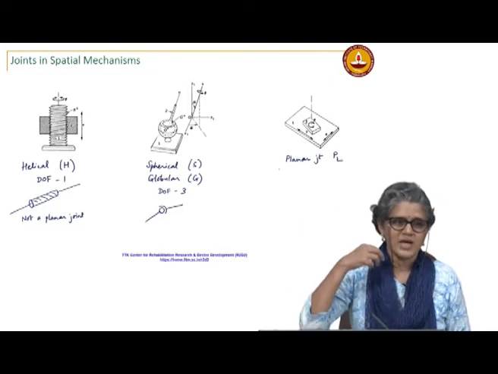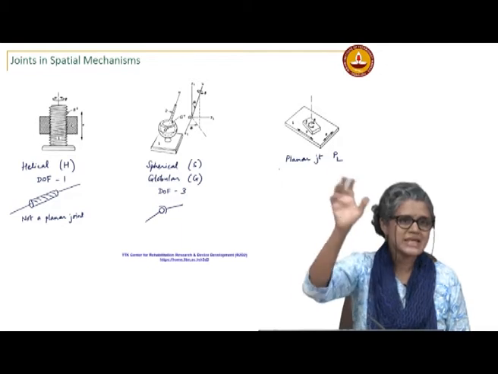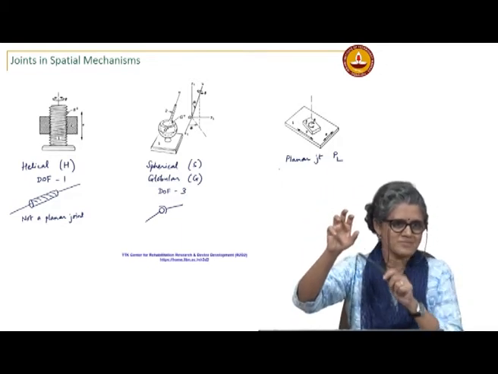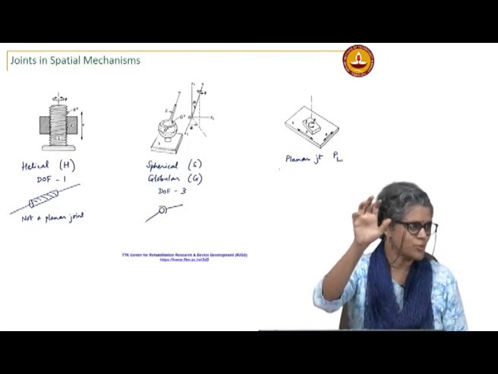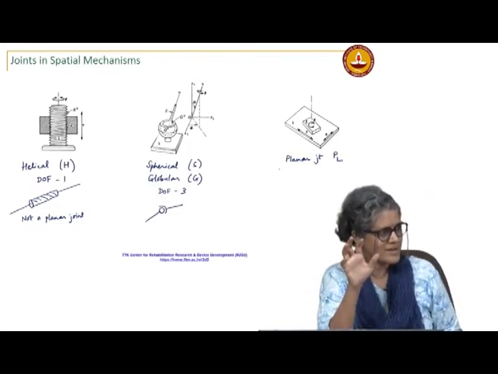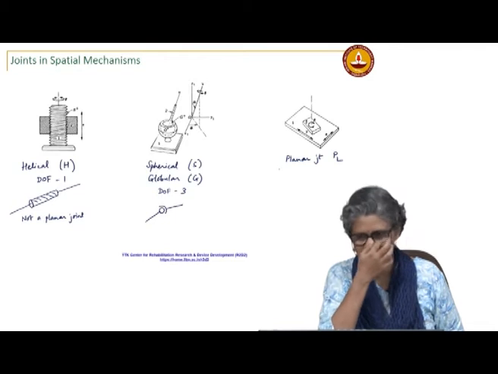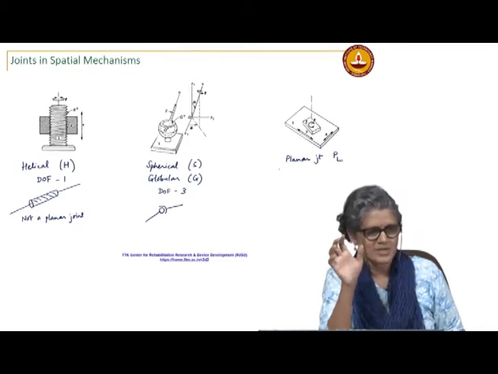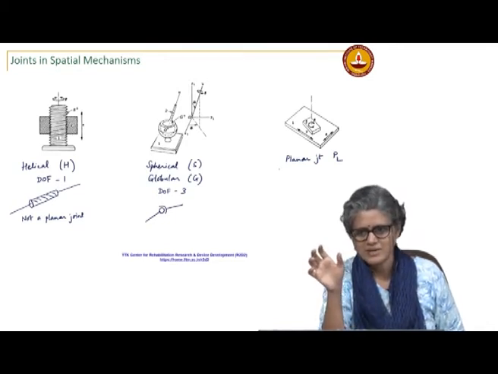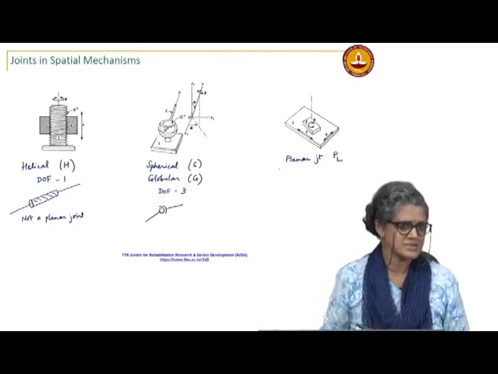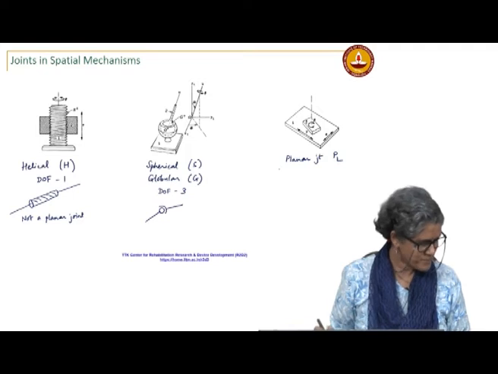If I was cleaning the board with the duster, my arm would form a mechanism where the joint between the board and my hand is a planar joint, because assuming I take the duster as attached to my hand, then the joint between those two links is a planar joint when I am cleaning the board.